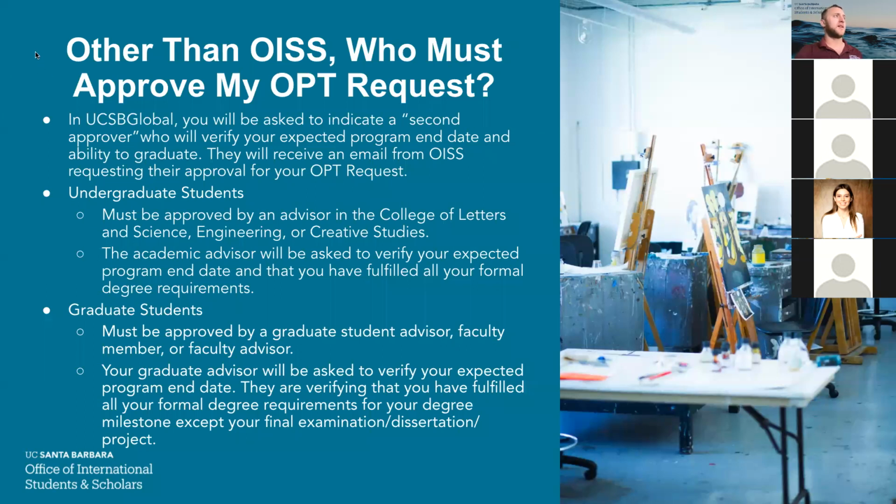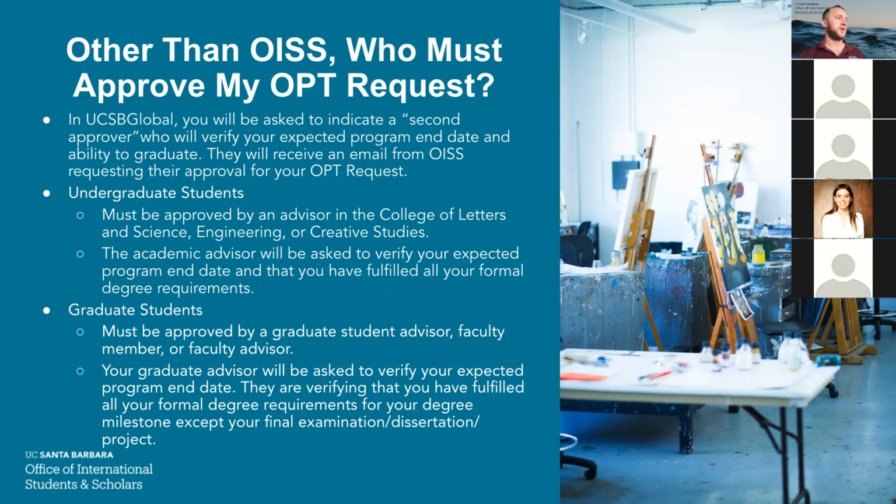Other than OISS, who must approve my OPT request, I already covered this briefly. In UCSB Global, you'll be asked to indicate a second approver who will verify your ability to graduate, and they're going to receive an email that they have to fill out before the application moves to the next stage. Like I mentioned, for undergraduate students, this is going to be your college advisor, to confirm that you fulfilled all of your formal degree requirements.